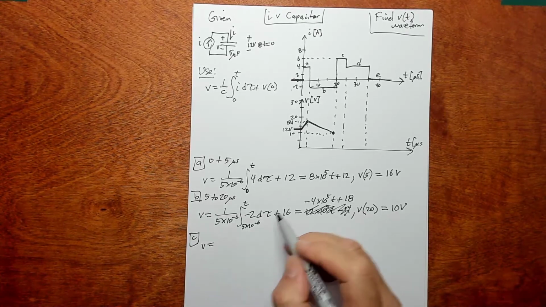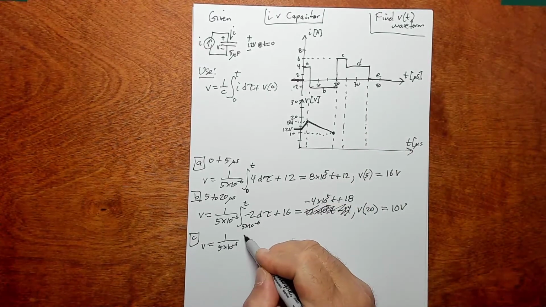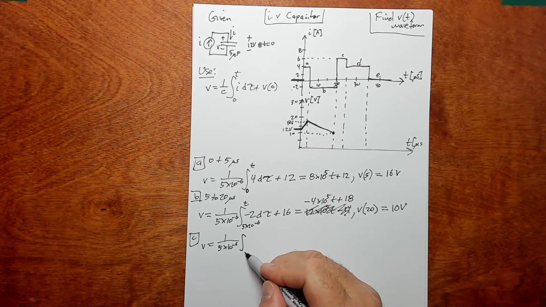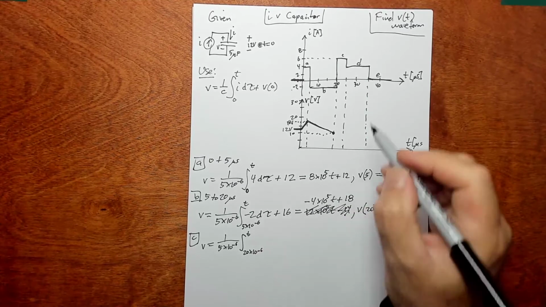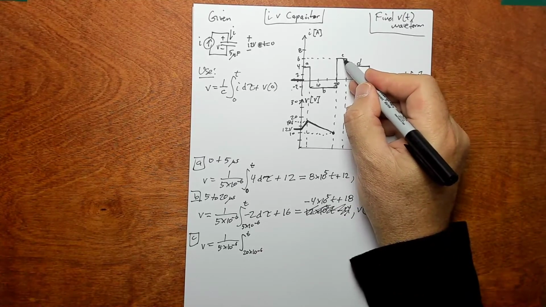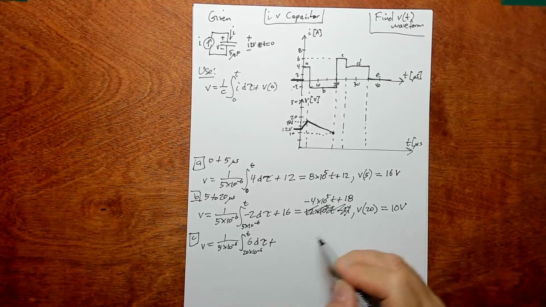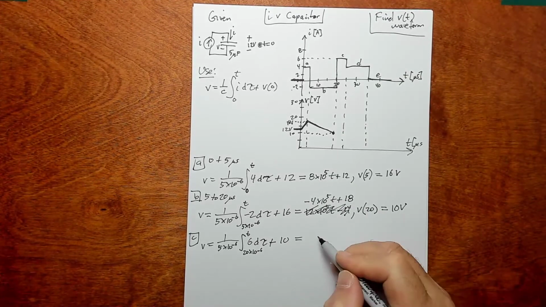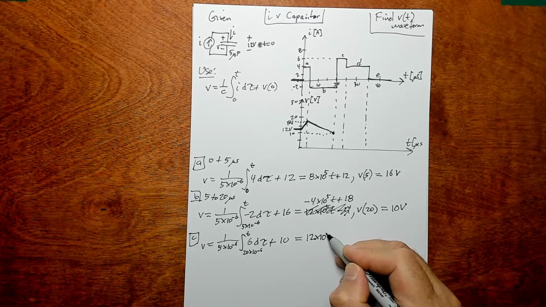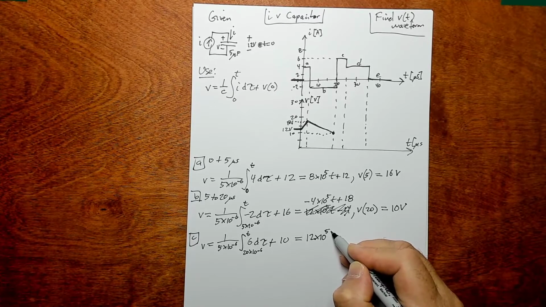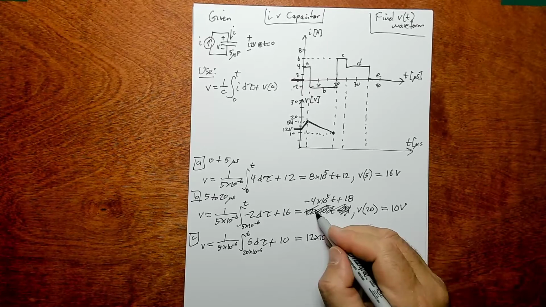So V for the interval of C is 1 over 5 times 10 to the minus 6 integral from, we're going to start at 20 times 10 to the minus 6 and go to t of, and the current is 6 amps, so 6 d tau plus the initial voltage 10 gives us this answer, 12 times 10 to the 5 t minus 14, the one that I wrote down by accident up in here.